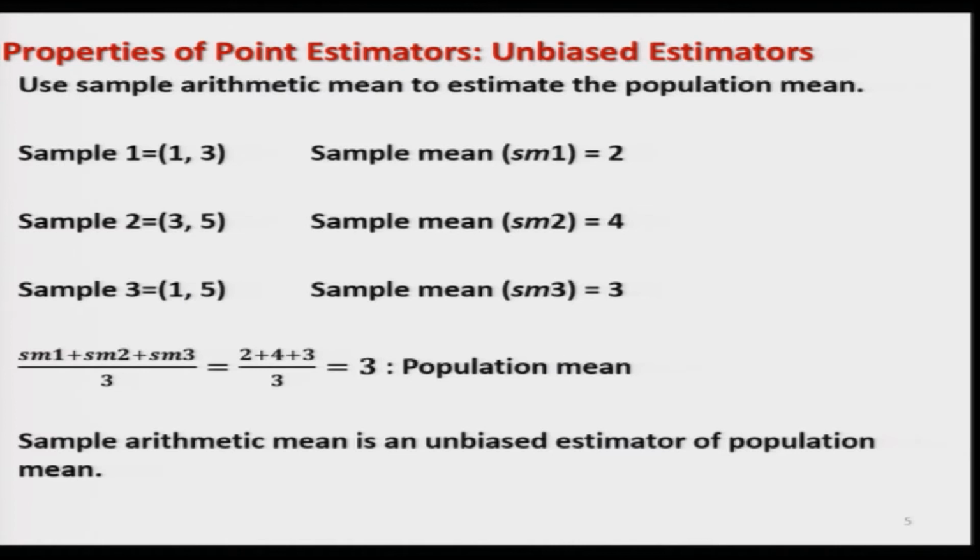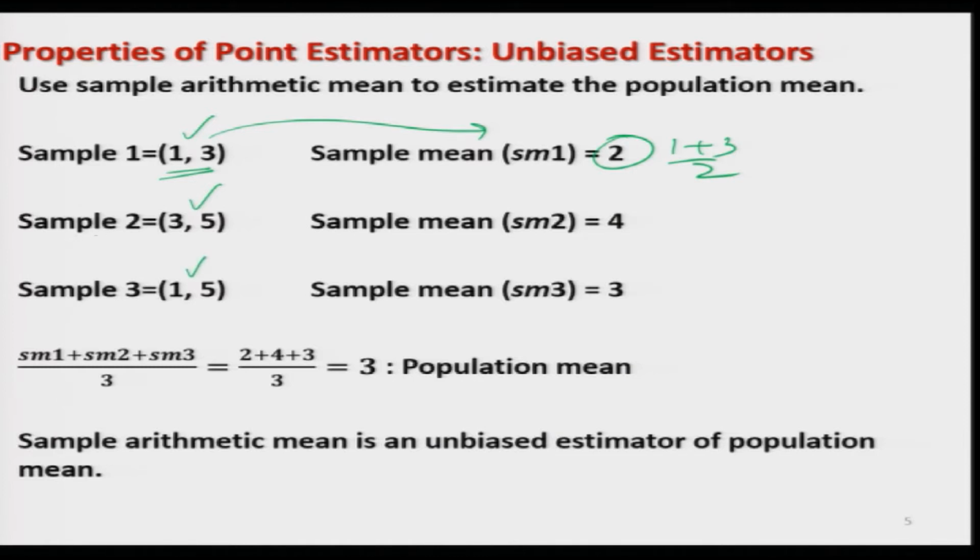If you take the first sample, suppose you get the values 1, 3, then the sample mean in this case will come out to be 1 plus 3 divided by 2, which is 2. There are actually three possible samples, with values 1 3, 3 5 and 1 5.